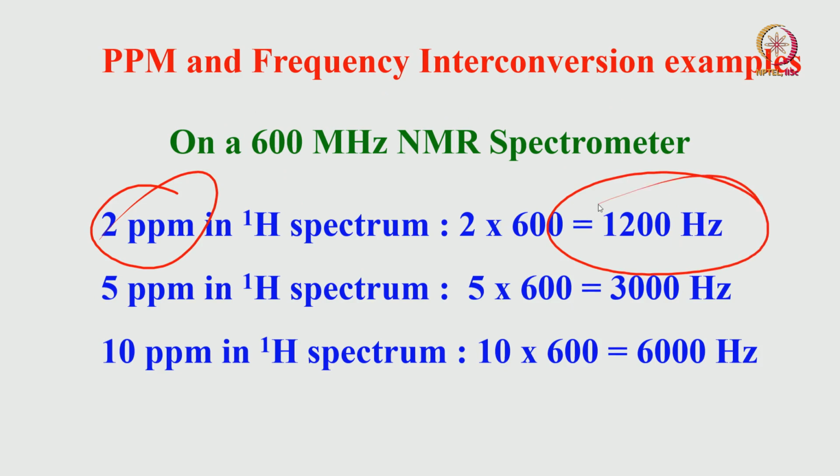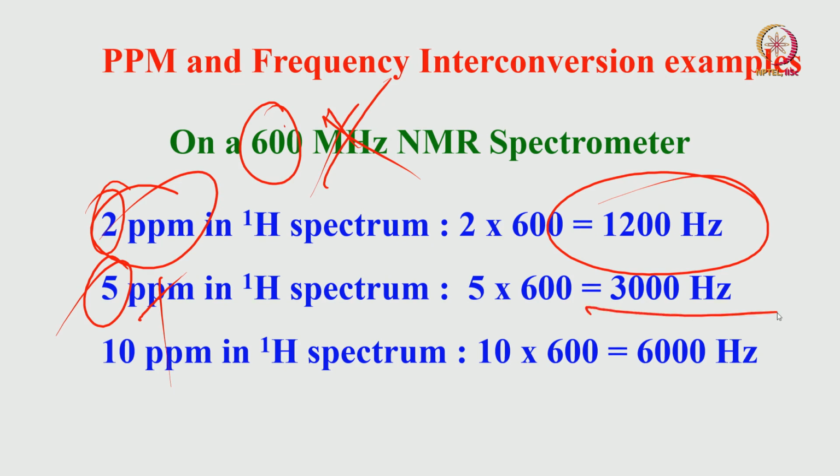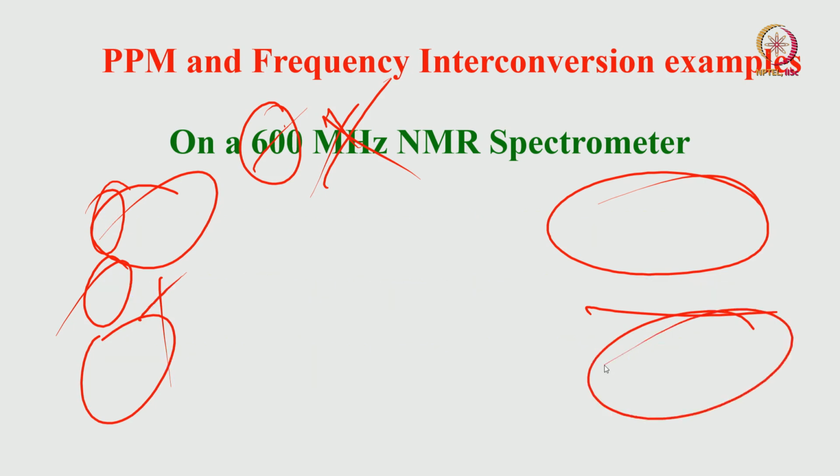All I did is multiply 2 with 600, leaving out the megahertz part, and you get the value in hertz. Similarly, 5 ppm in 600 megahertz is 3000 hertz, multiplying 600 by 5. Similarly, for 10 ppm of proton, 10 times 600 is 6000 hertz. This is what you have to do.